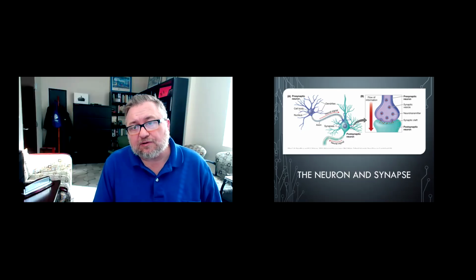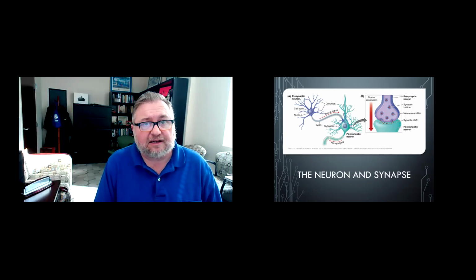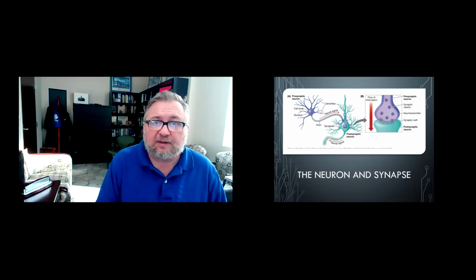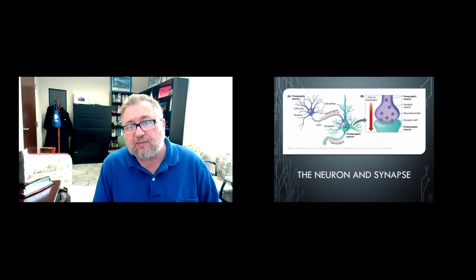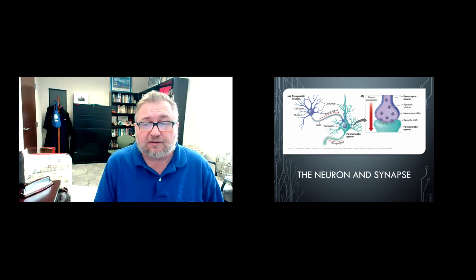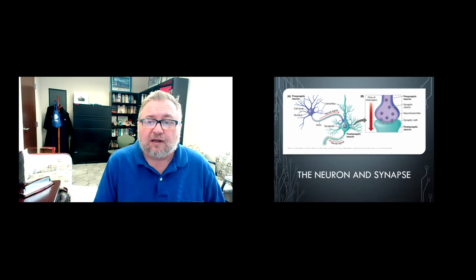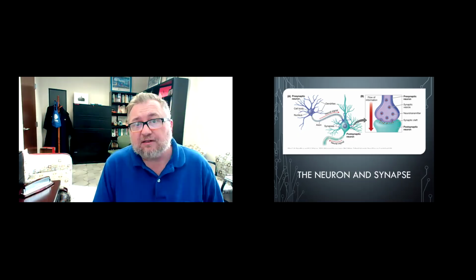And the idea is, of course, that a key has to fit the lock. It has to have the right shape in order to unlock it. And so some receptors can only be unlocked by dopamine, other receptors can only be unlocked by serotonin, and so on and so forth. And when the neurotransmitter is present, that unlocks these receptors, which then triggers voltage-gated sodium channels to open. That lets sodium into the neuron. That's going to raise the internal voltage.